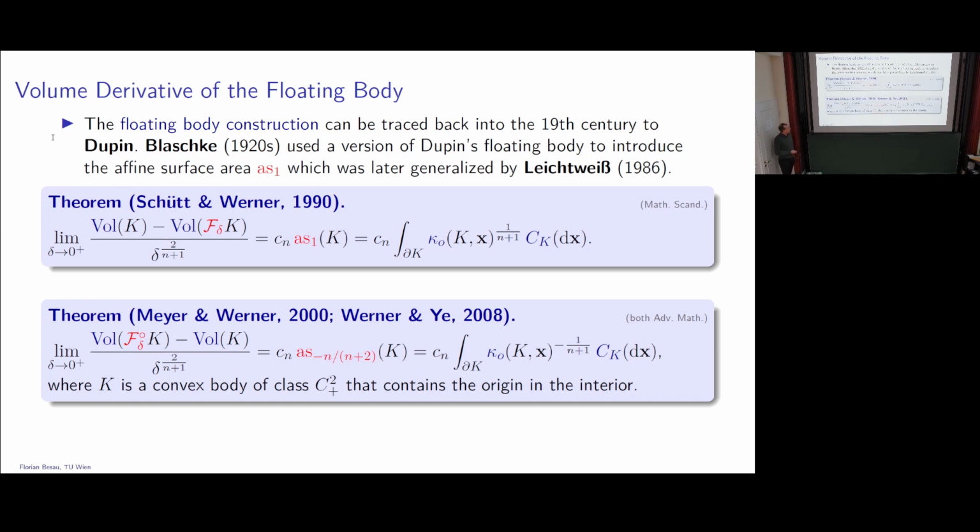Okay. So we have to restrict ourselves here again to the positively curved case, because otherwise these quantities possibly become unbounded. So if you have a C2 plus convex body, then these will be finite on the right hand side.